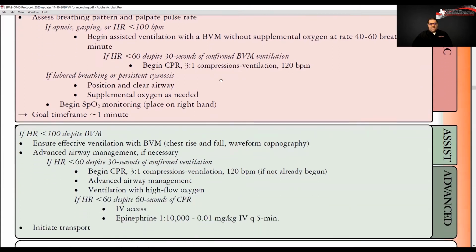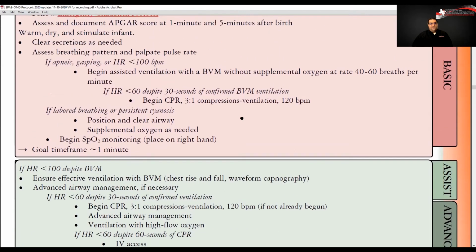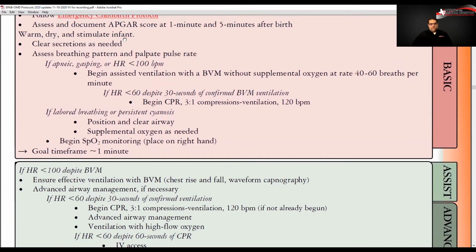And then moving down into the ALS timeframe, there's actually a push towards endotracheal intubation if you are doing CPR and providing this amount of assisted ventilations. Of note, all of these things, the warming, drying, stimulating, assessing their heart rate and respiratory rate, and getting down into either assisting with BVM or beginning CPR, all of that should really only take about a minute or so. All right, that's really your goal time frame.